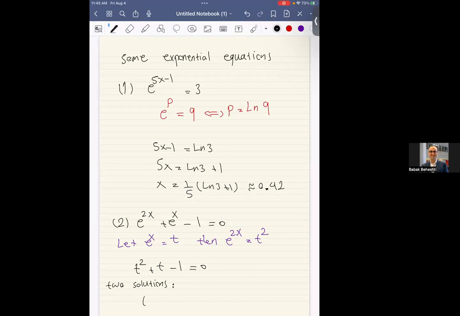One is t equal to (-1 plus square root of 5) divided by 2. The other one is t equal to (-1 minus square root of 5) divided by 2. But you have to be careful because the second solution is a negative number. So this is negative.